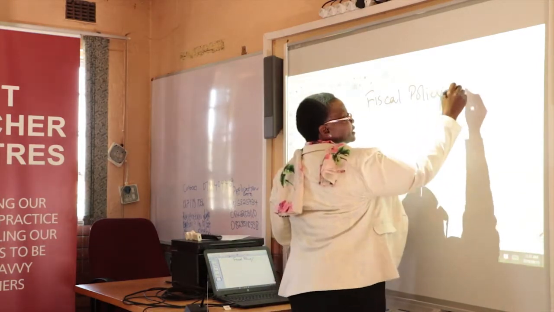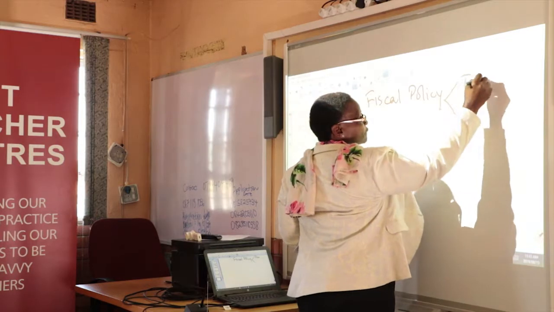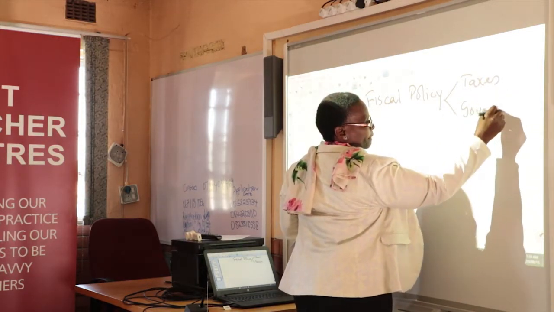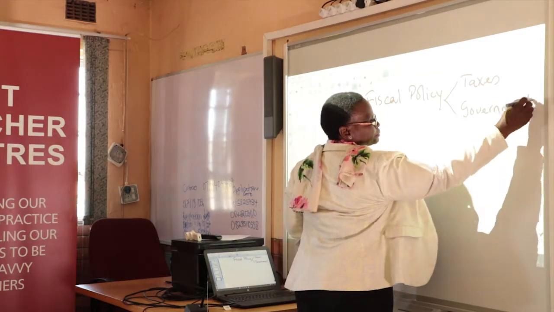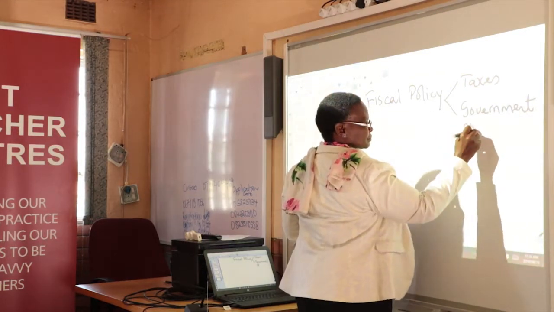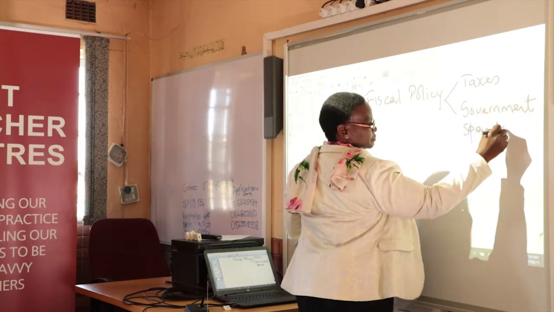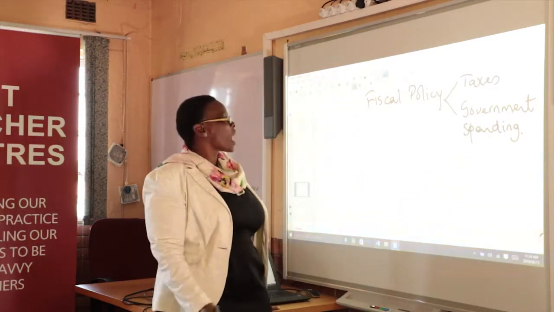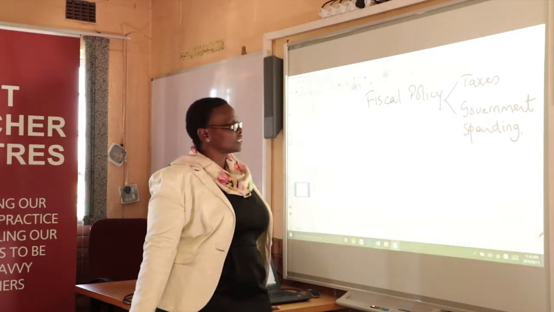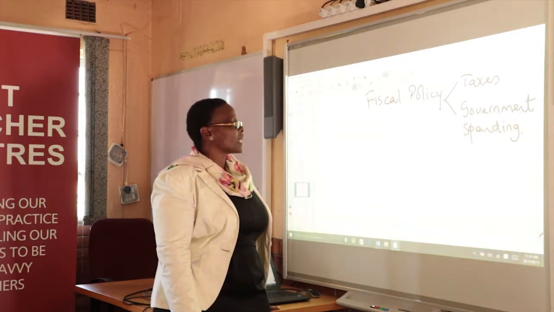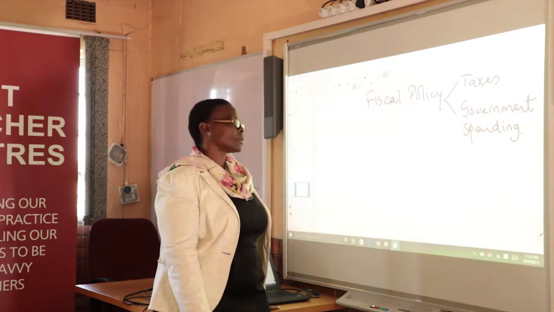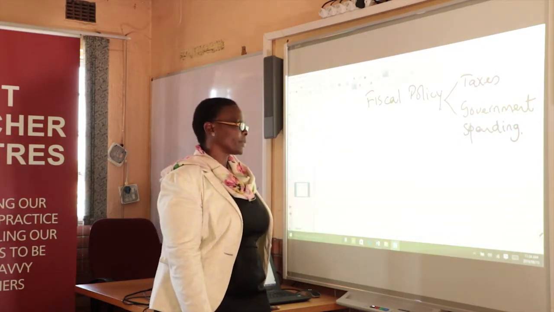We looked at taxes and government spending. Now, the learner has to explain how these measures or these instruments would be applied to try and stimulate economic growth in the economy as well as economic development.